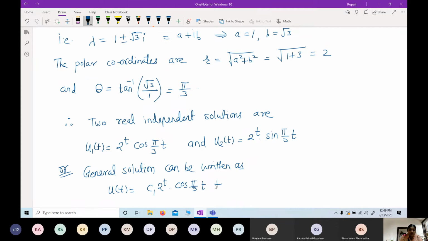not plus or minus, or I can write, instead of this, I will write r raised to t.